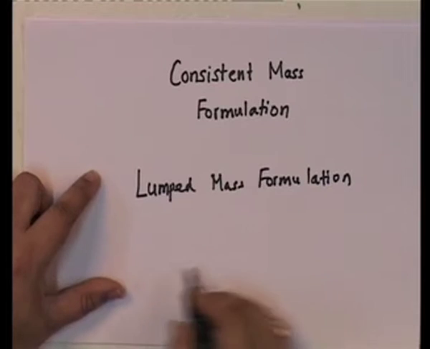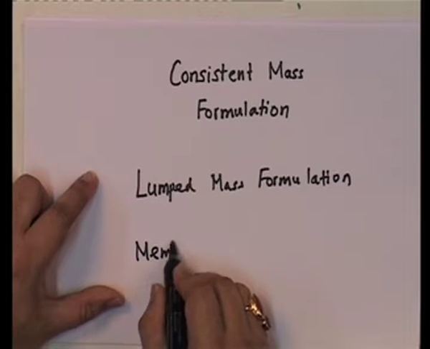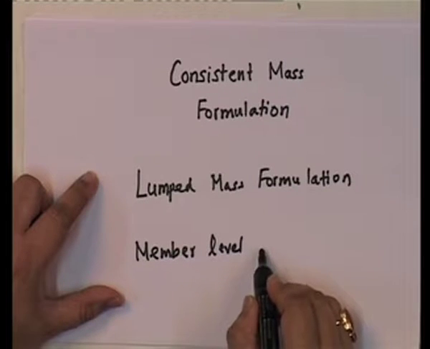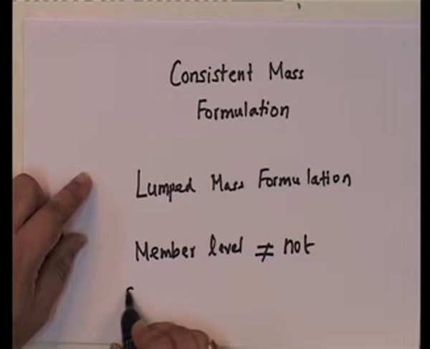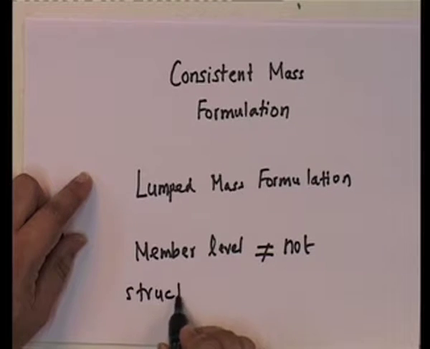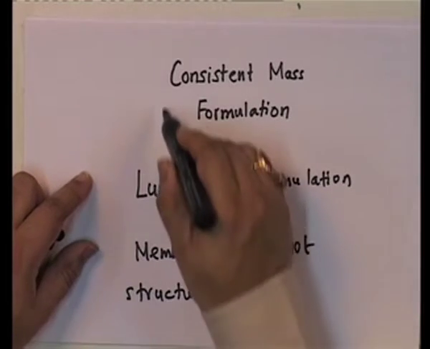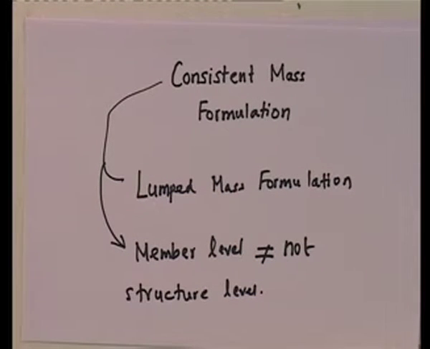Note that these are only at the member level. They are distinguished only at the member level and not at the structure level. These two approaches are only at the member level.